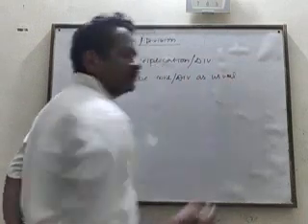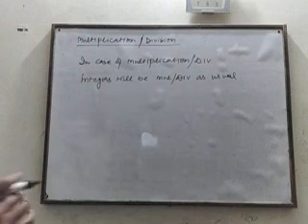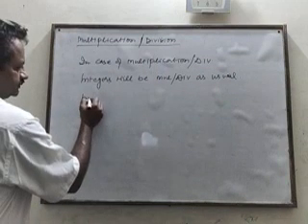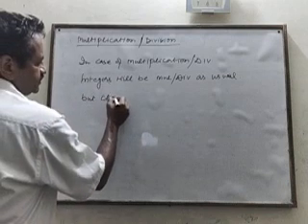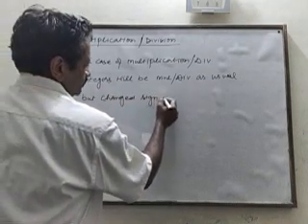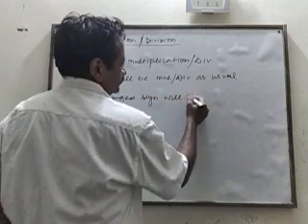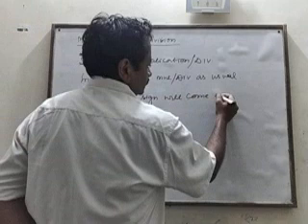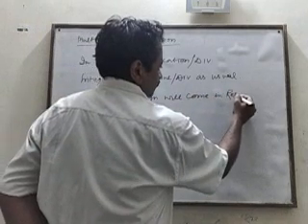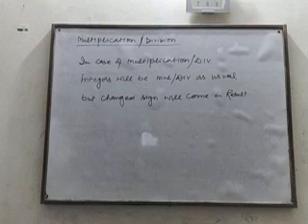As usual means जैसे आज तक करते हैं ये मल्टीप्लाई डिवाइड, वैसे ही मल्टीप्लाई डिवाइड करना है, but changed sign will come in the result.